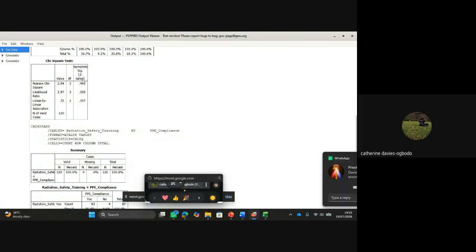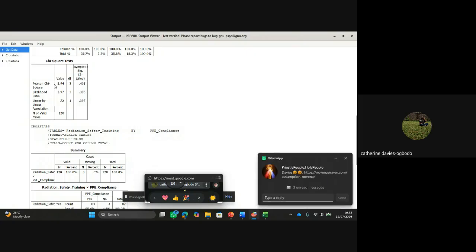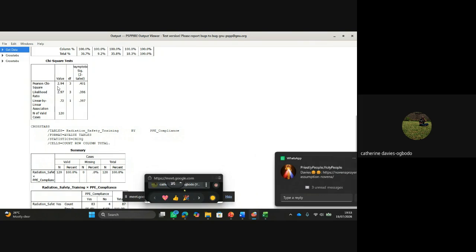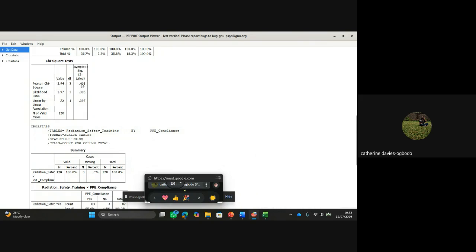I didn't mention it before because it was going to give us the same thing, but this 2.94, which is your chi-square value, and this value 0.401, if both of them behave the same way, that is, if 2.94 is greater than 0.05, and 0.401 is also greater than 0.05, then it's a win-win for you.